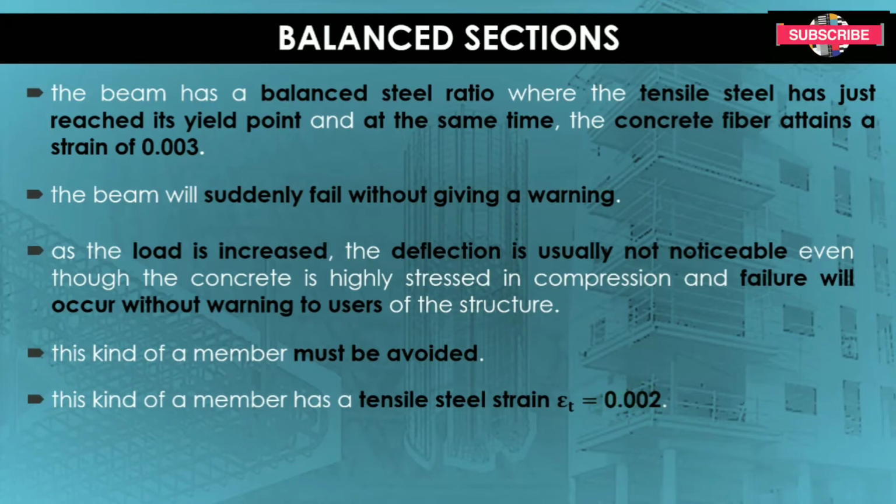compression control. But prior to this compression control, take note that this kind of member has a tensile strain, denoted by this epsilon t equal now to 0.002. Okay, so ito yung nasa code natin, yung tensile strain niya with this amount of 0.002.